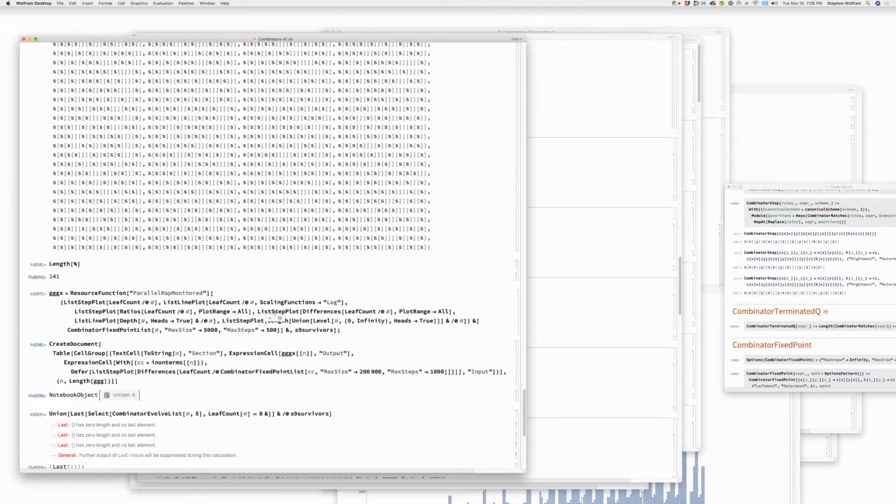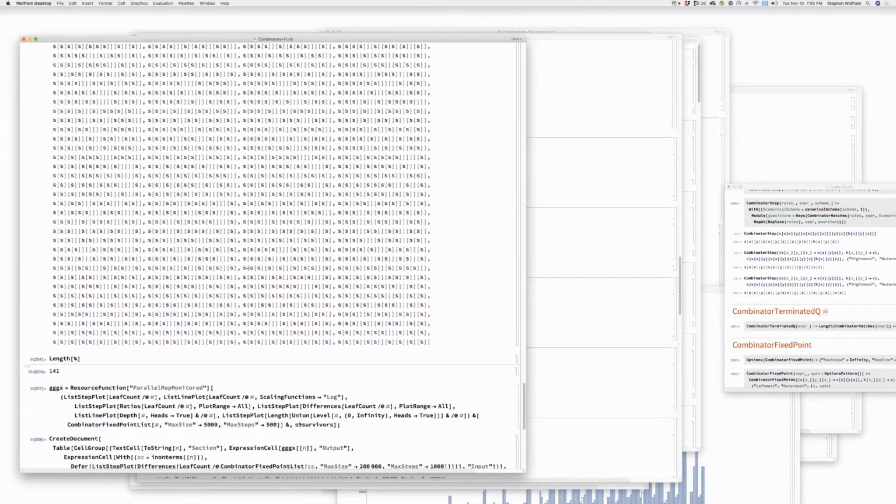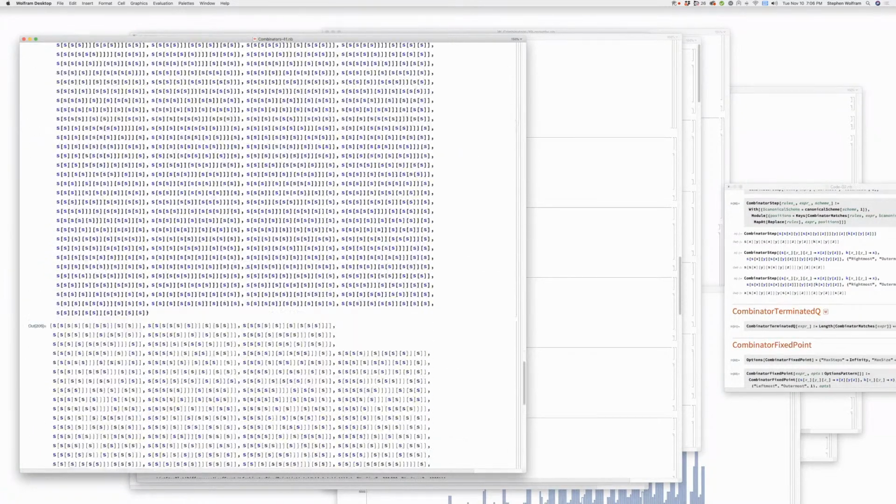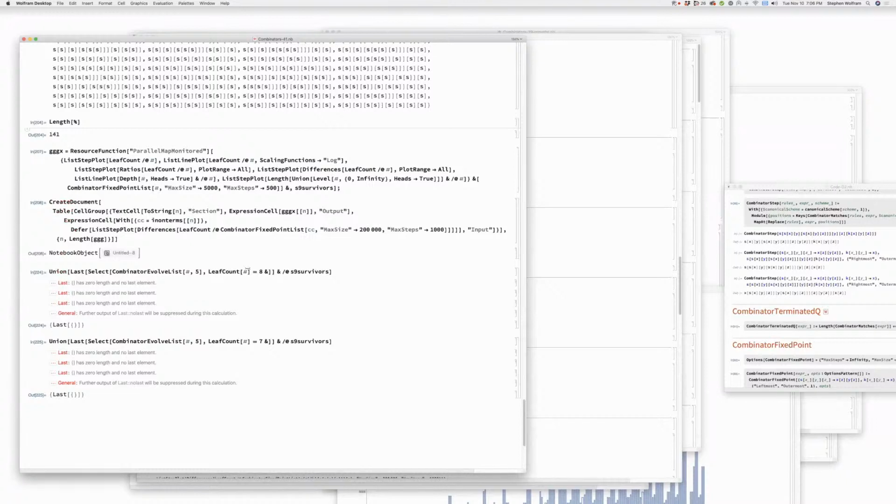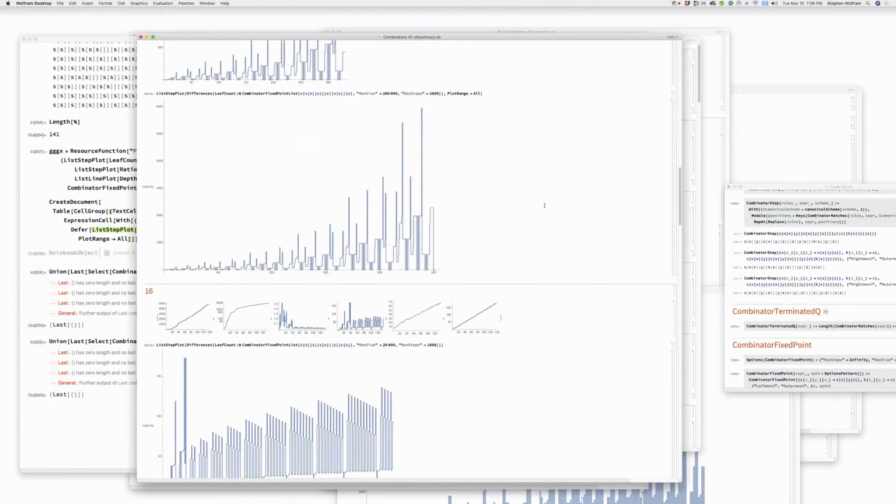I'm going to have to go in a moment. But drat. Something went horribly wrong here. S9 survivors. What happened here?